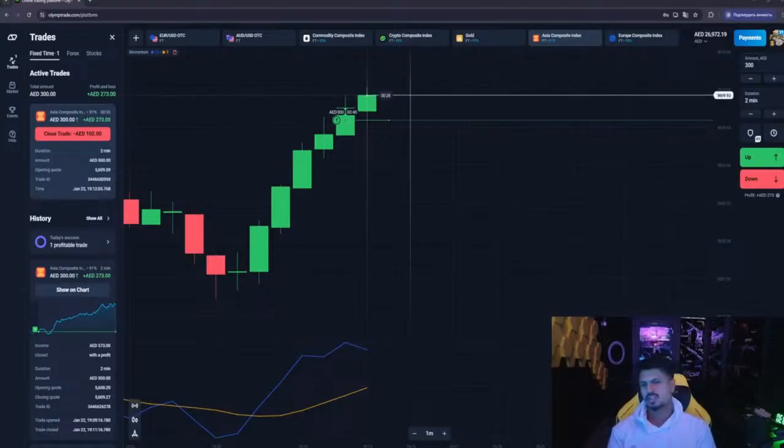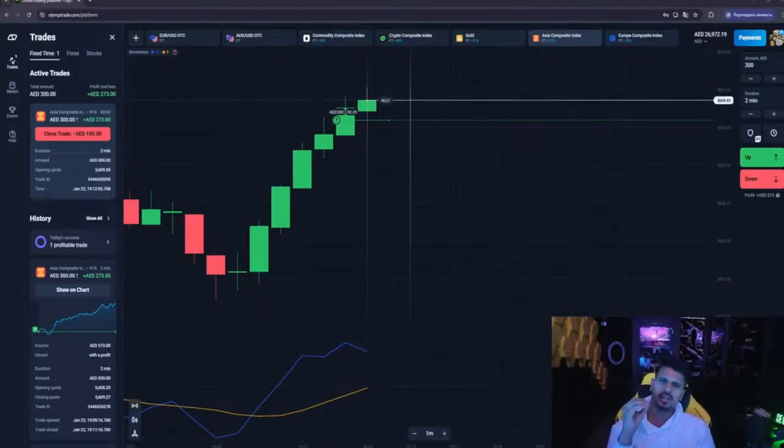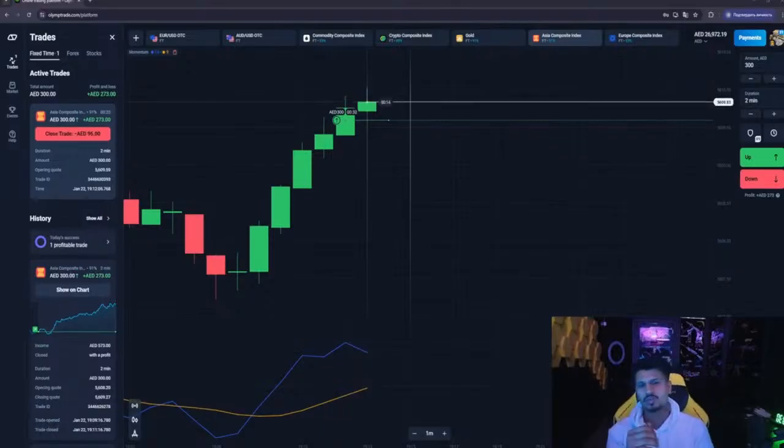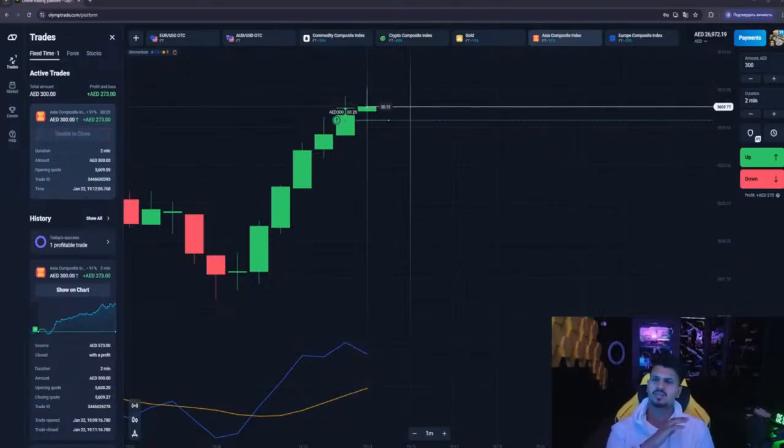Guys, what do you think? Is this going to be profitable or a loss? You can write in the comment section. Everyone can judge and make the decision whether it is moving to profit or loss. Just write in the comment section and tell me. From my side, I'm saying that it is moving perfectly in the profitable direction.